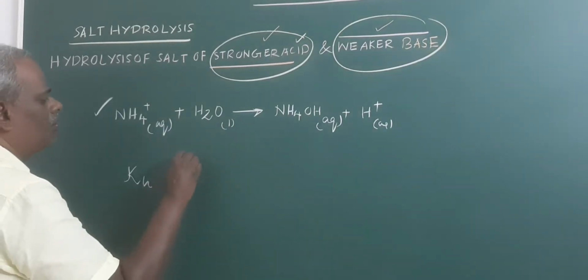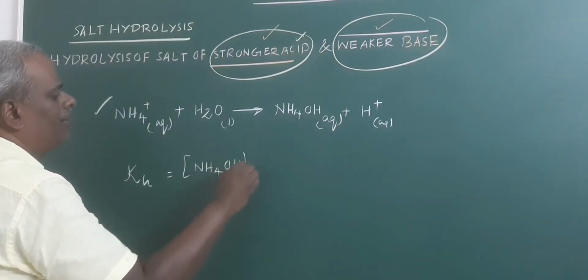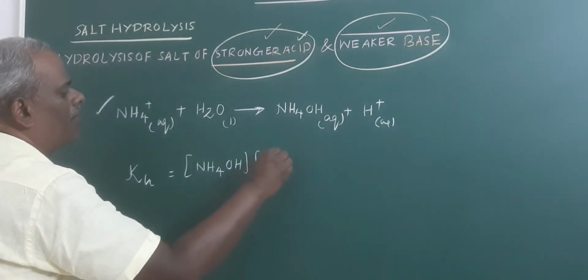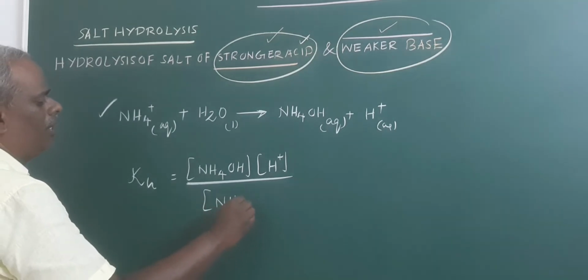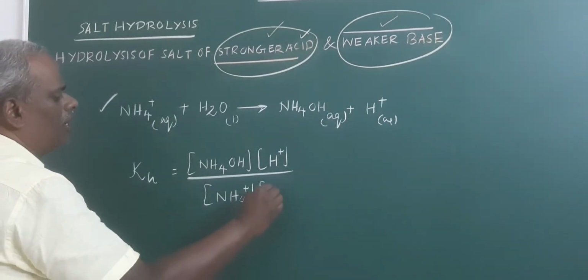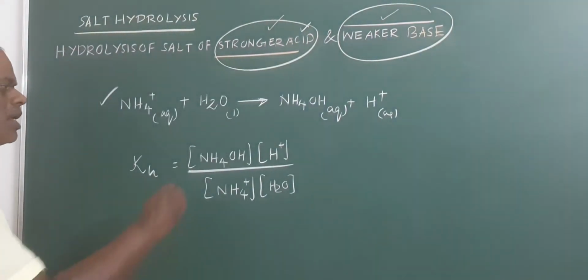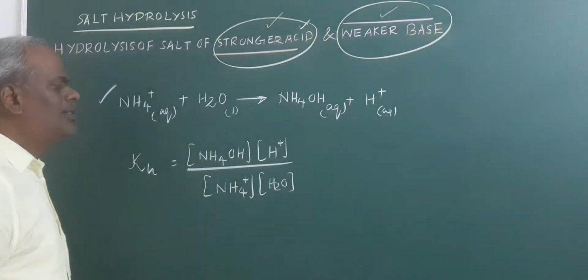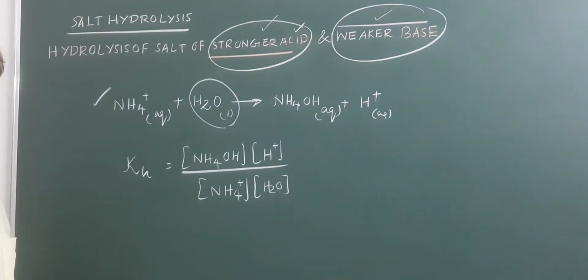KH is equal to the concentration of ammonium hydroxide into the concentration of H plus divided by the concentration of NH4 plus and the concentration of water. Throughout the hydrolysis, the concentration of water remains unchanged.